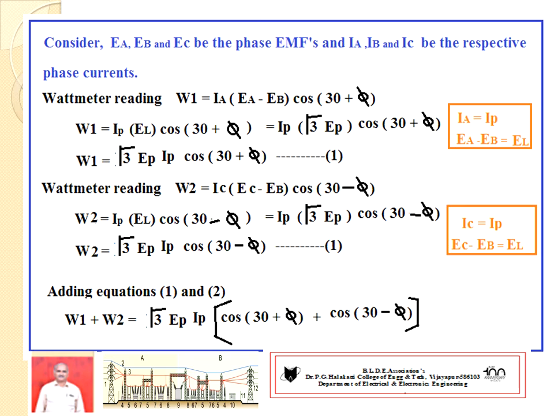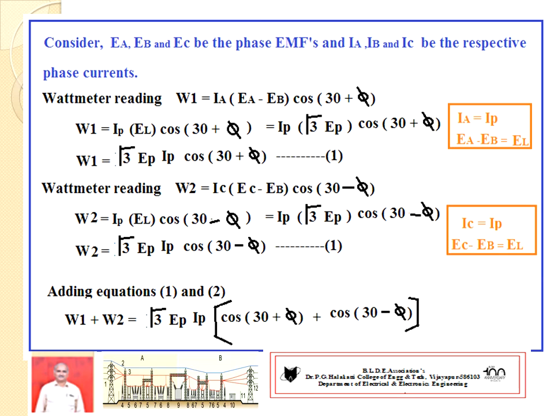Let EA, EB, EC be the phase EMFs and IA, IB, IC be the respective phase currents. So what is the wattmeter reading? W1. What is the current? What is the voltage? What is the phase angle? So the phase angle between EAB and IA is 30 plus phi.